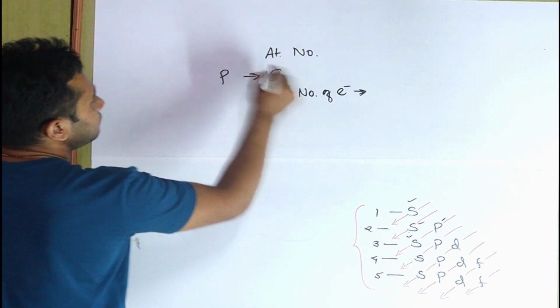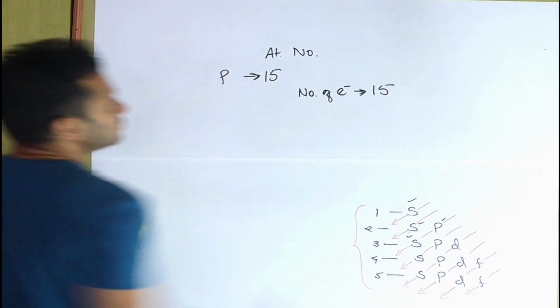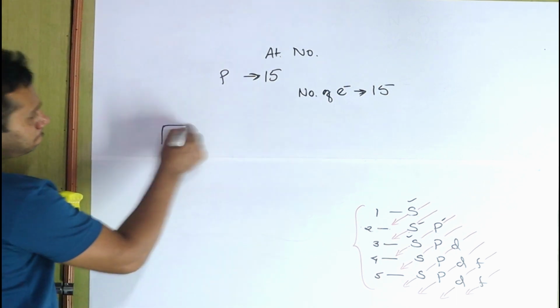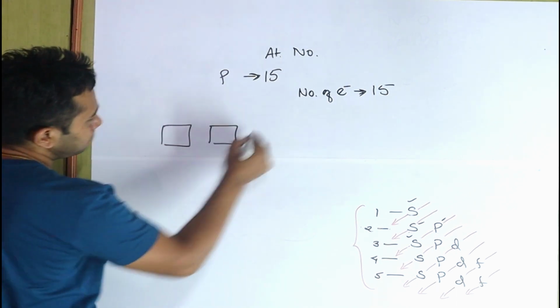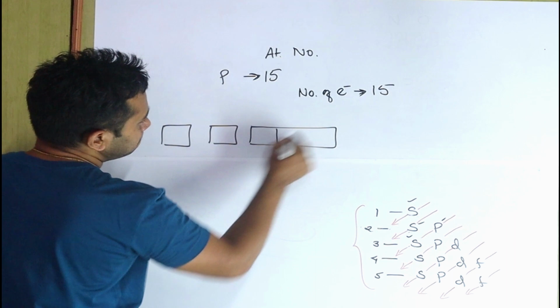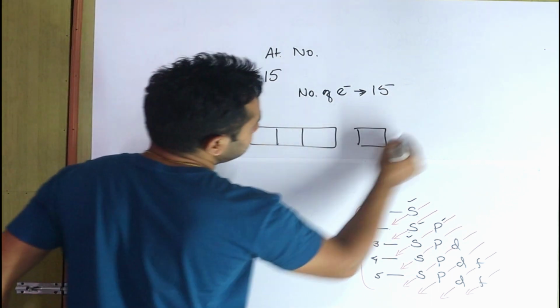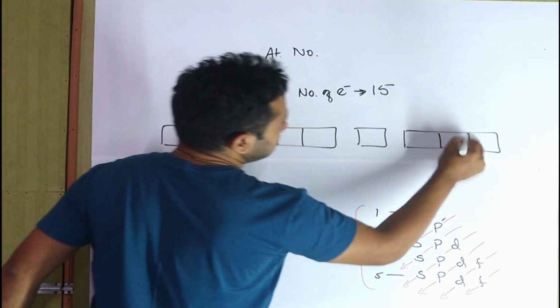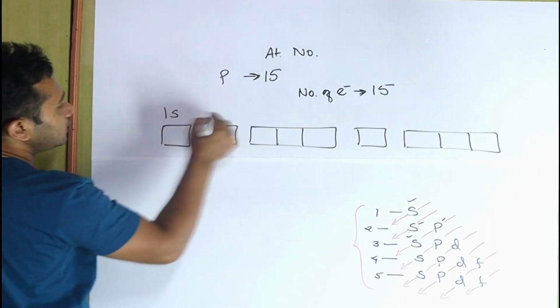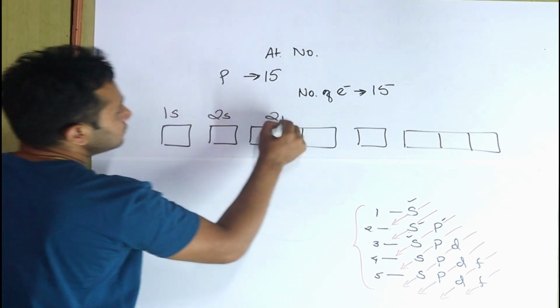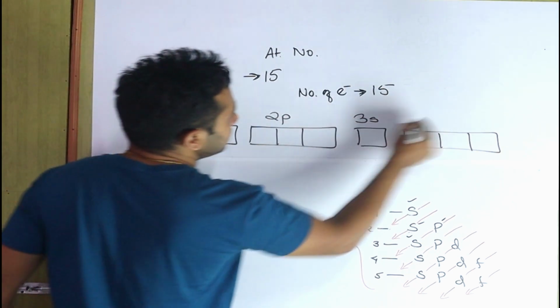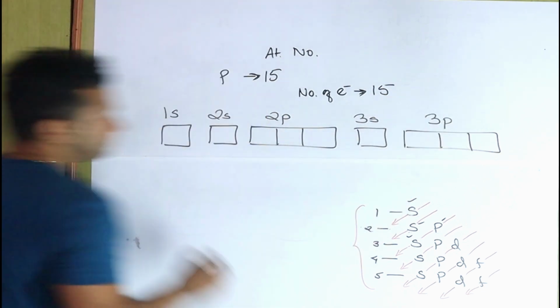Phosphorus, atomic number 15, number of electrons is 15. So we have 1s, 2s, 2p, 3s, 3p.